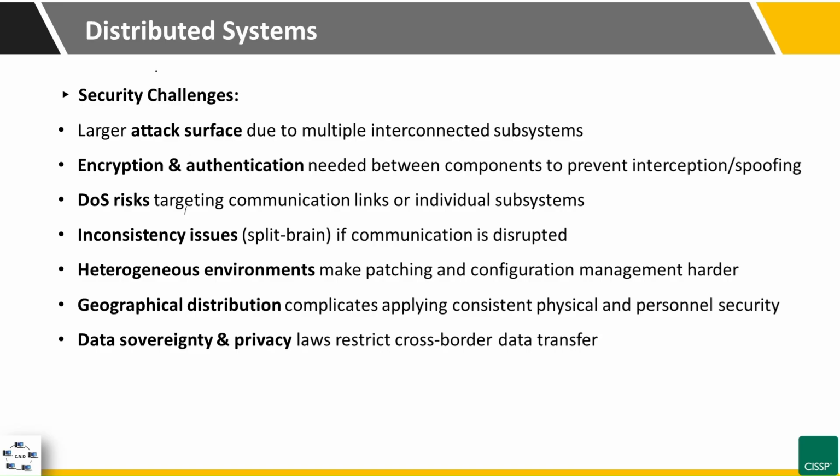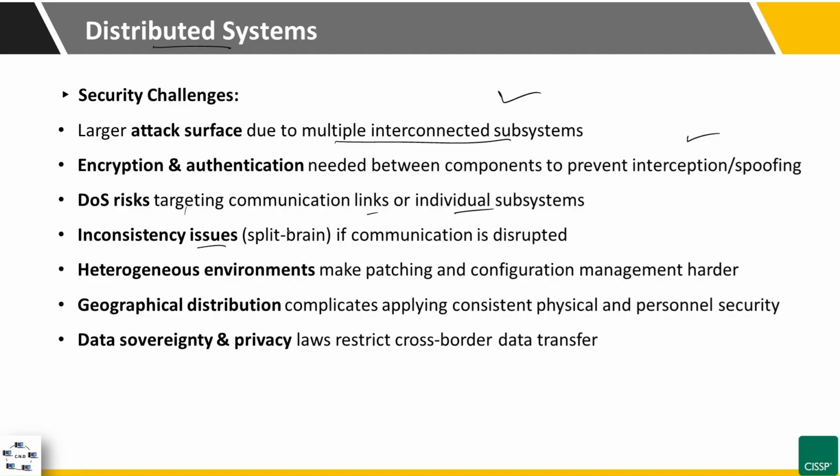What are some security challenges of these distributed systems? They have a large attack surface due to multiple interconnected subsystems. Encryption and authentication are needed between components to prevent interception and spoofing. There are denial of service risks targeting communication links or individual subsystems.